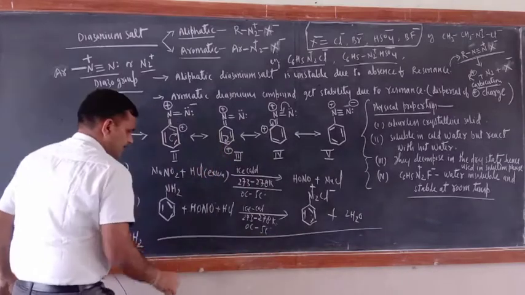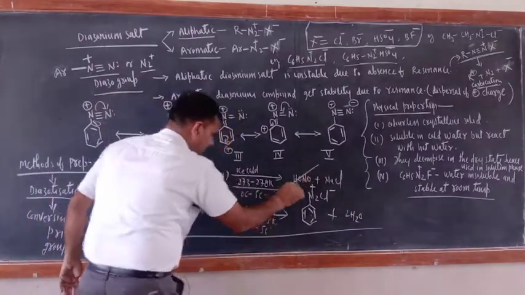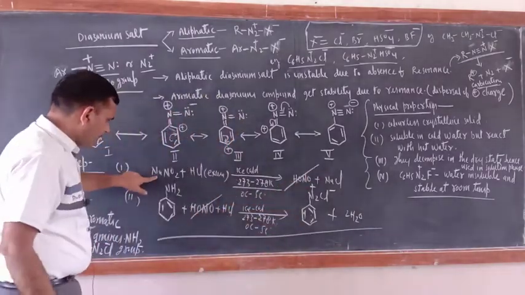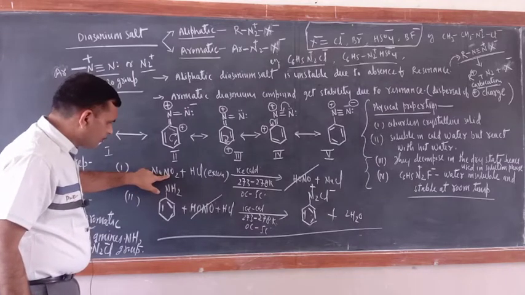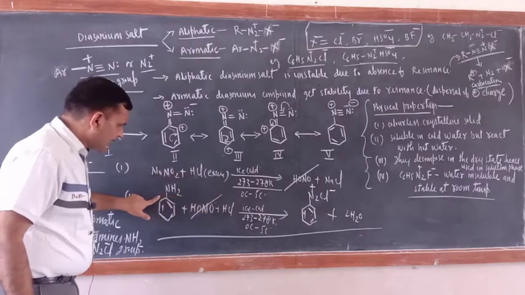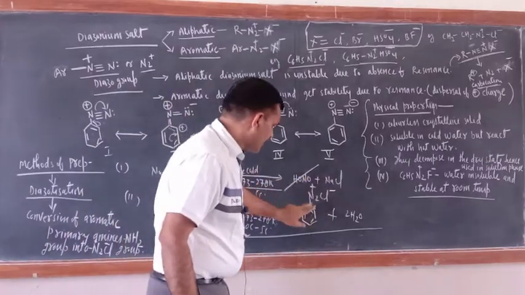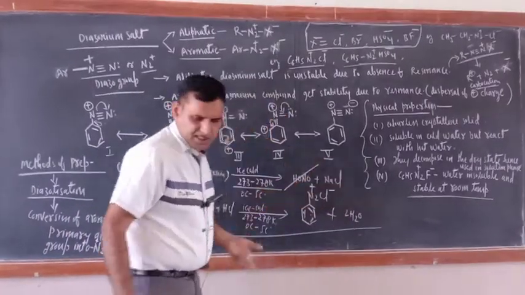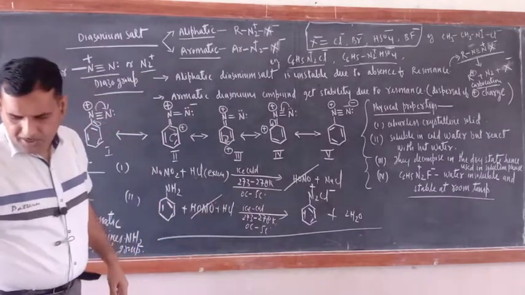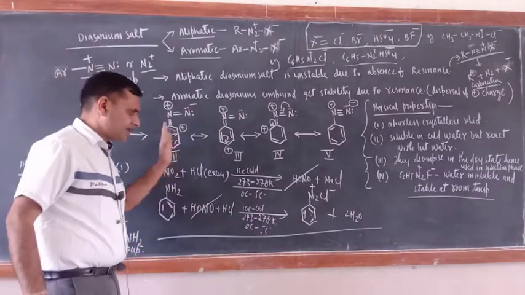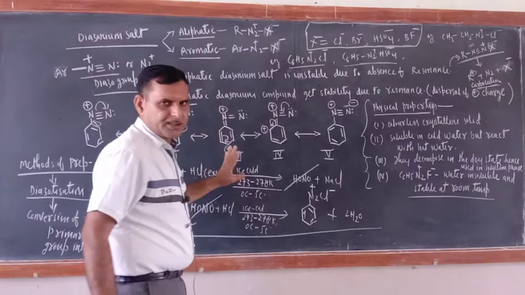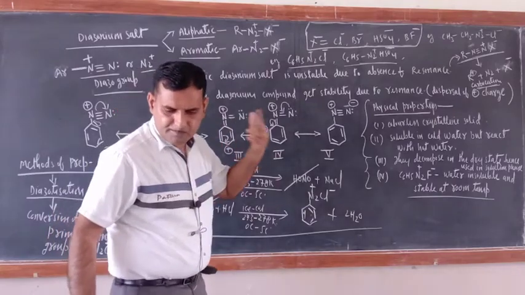So NaNO2 plus 2HCl plus aniline gives this product and NaCl, as you wish. Otherwise simply write the two-step reaction, that is over. So this is the method of preparation.